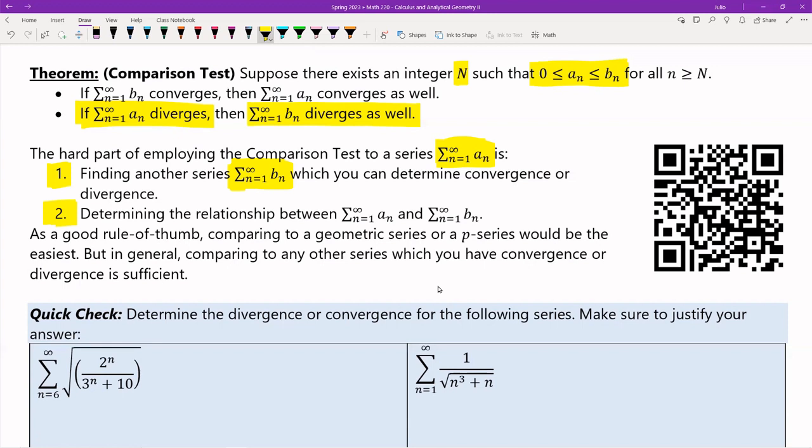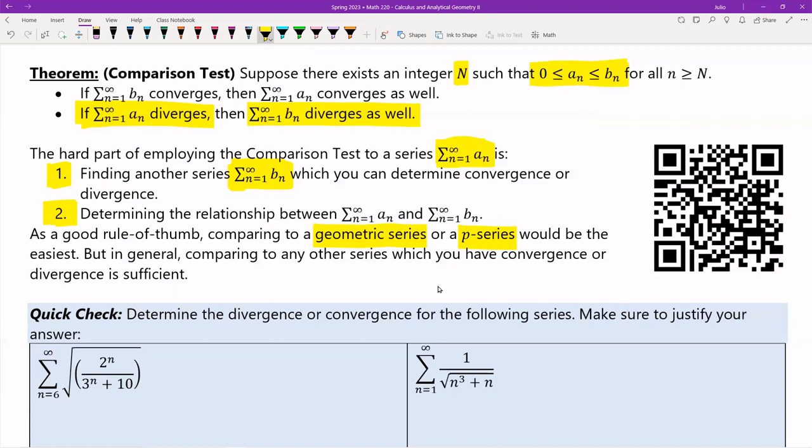That's enough. But you would use that last bit, comparing with any other series, really rarely. You would tend to use geometric series or p-series most often. But like I said, in general, you might get a very weird wonky series.